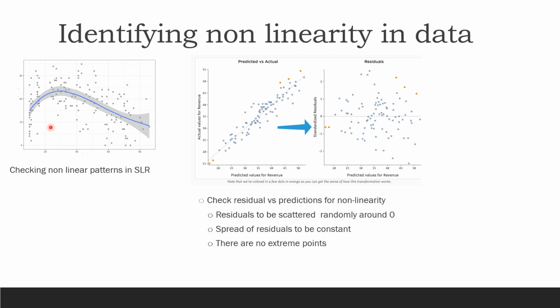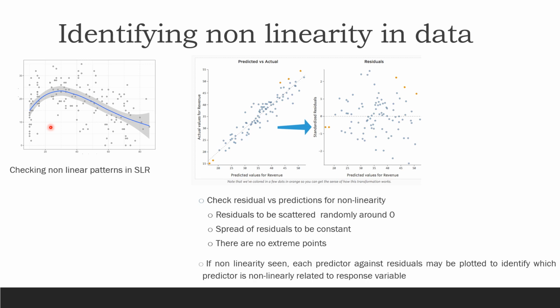These are the assumptions, basically what we need to check. The residuals are to be scattered randomly around zero. The spread of residuals is fairly constant, and there are no extreme outliers in the error terms or differences. If nonlinearity is seen, each predictor may be plotted against residuals to identify which predictor is nonlinearly related to the response variable.